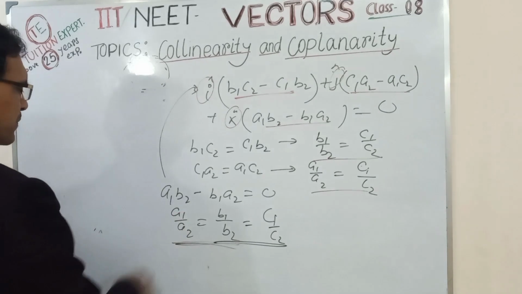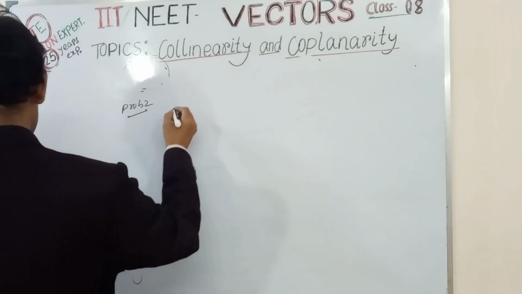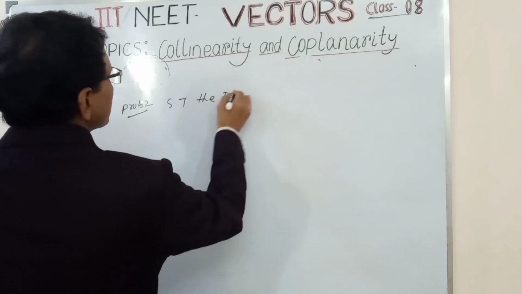So if two vectors are collinear, then we can write so for the points.